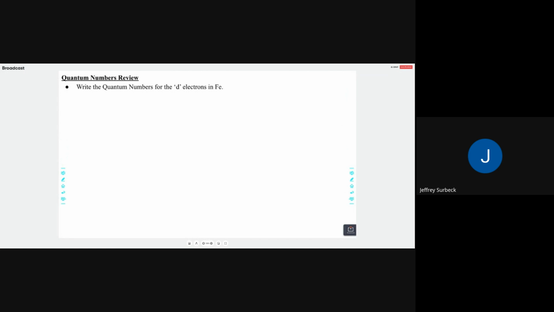So if we start with iron and we write down our complete electron configuration, we would have this. Remember, this is all for iron, and what we would call the complete electron configuration would be as follows.